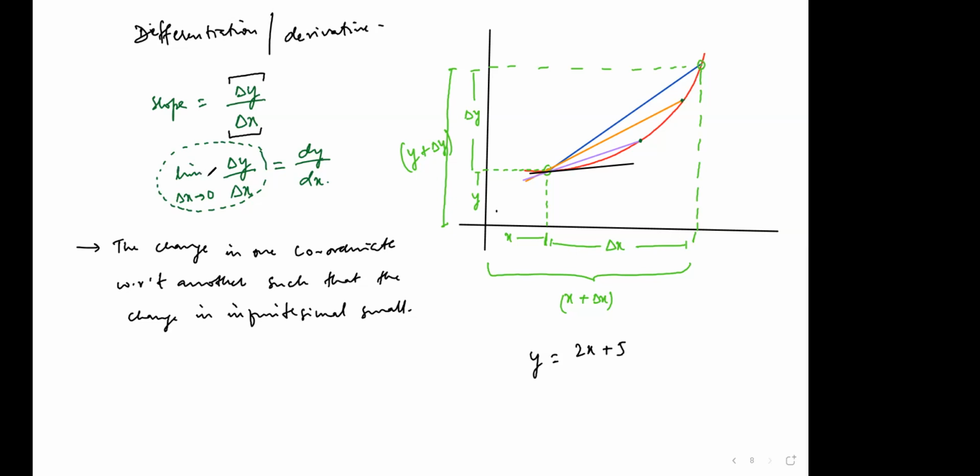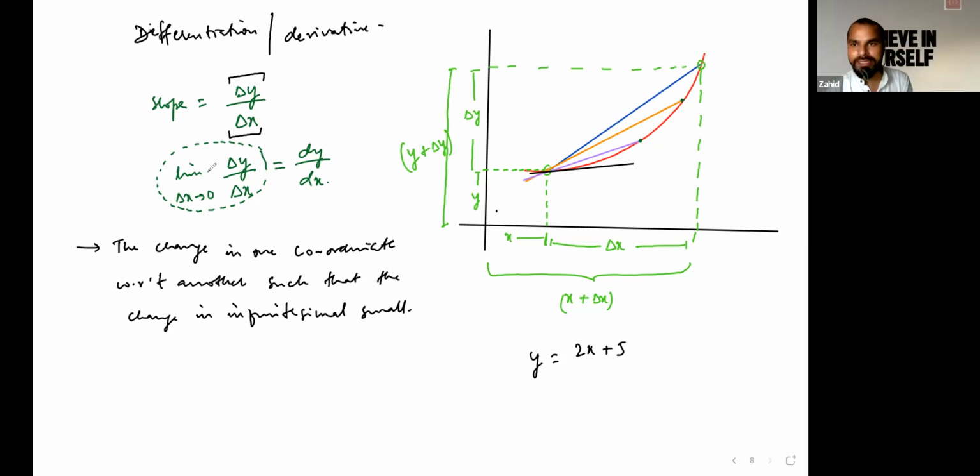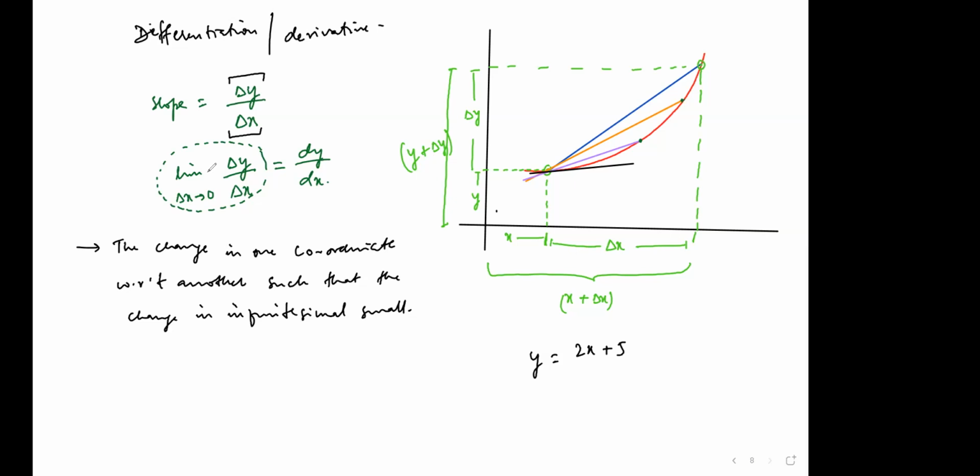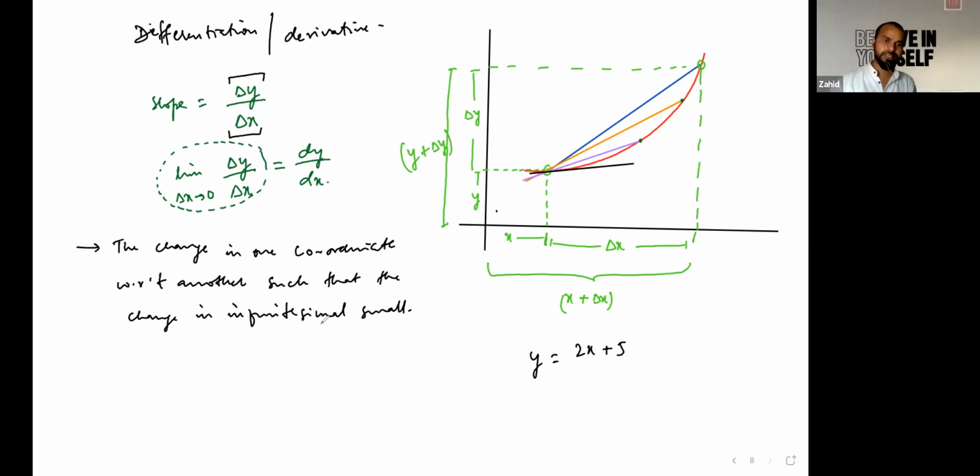Limit means we are just bounding the value of delta x, which should be very small, or it is simply called infinitely small.